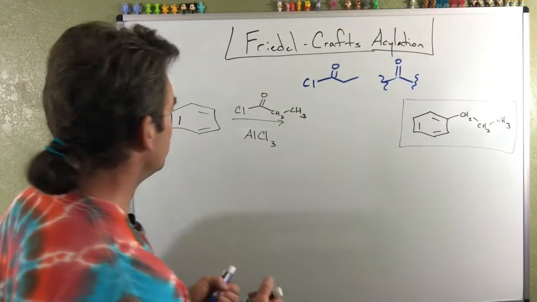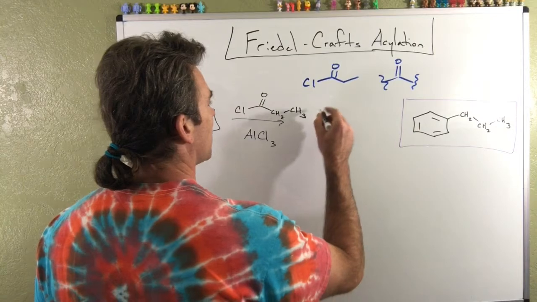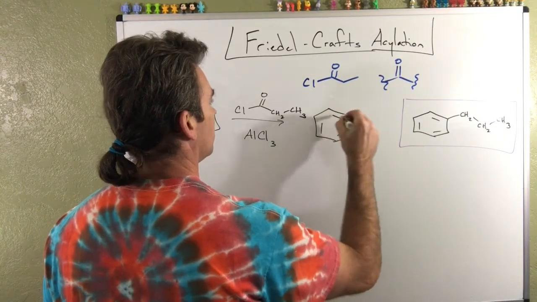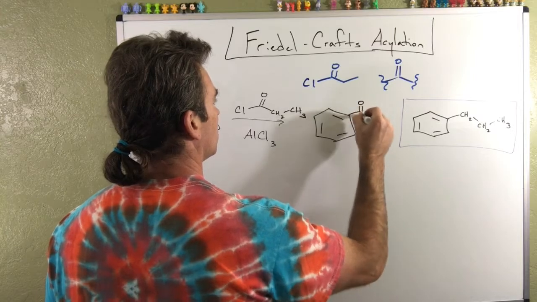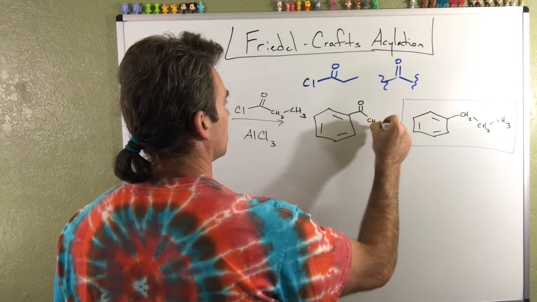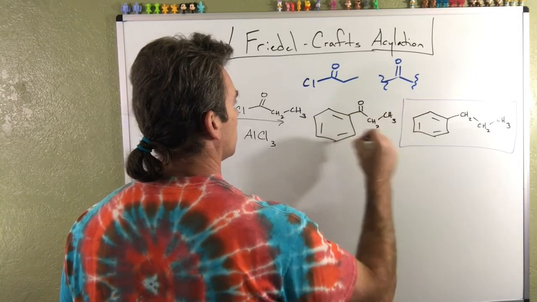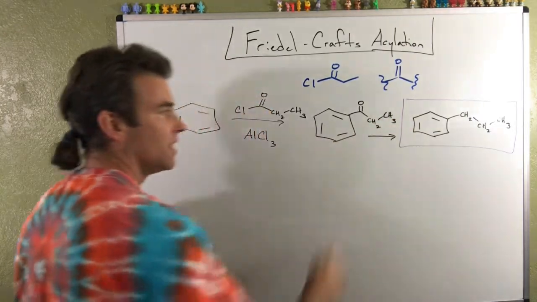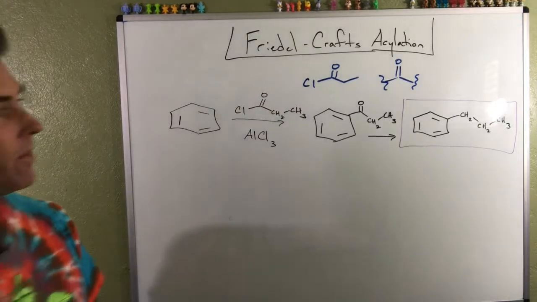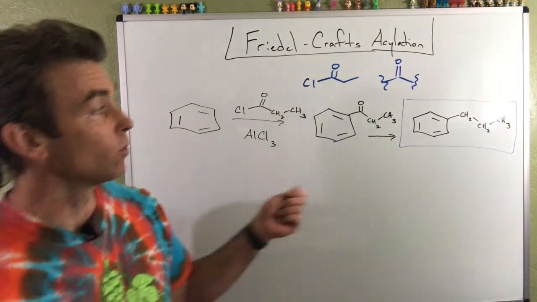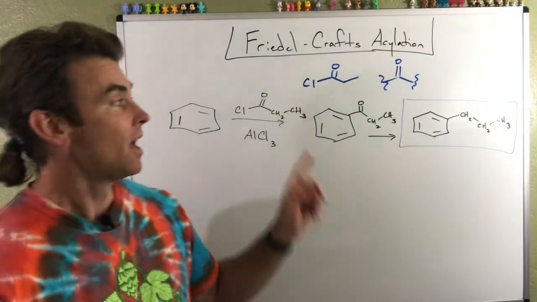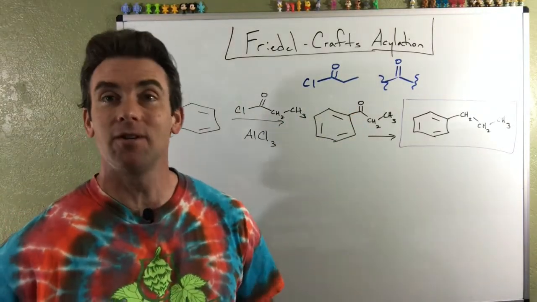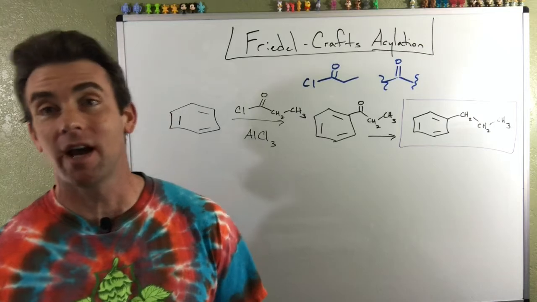But the good news is that we're going to be able to attach that group. But you'll notice that we're not quite there, right? This step right here is going to involve some sort of reductive step, right? Anytime that you remove equivalents of oxygen, it turns out that we're actually reducing an organic compound.